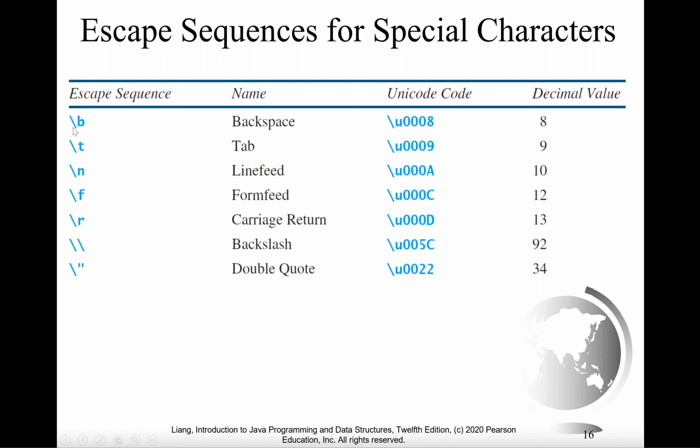These two characters, beginning with \ and then b, are actually one character, just like the Unicode \u with 4 hex numbers represents one character. These are special characters, and we call this the escape sequence. The backslash is called an escape character.